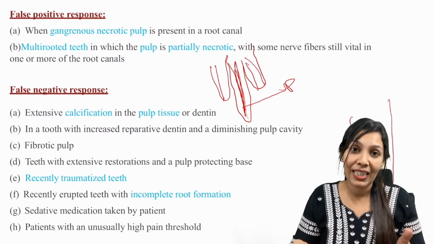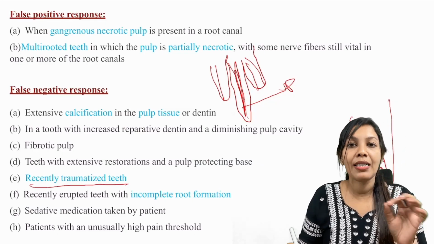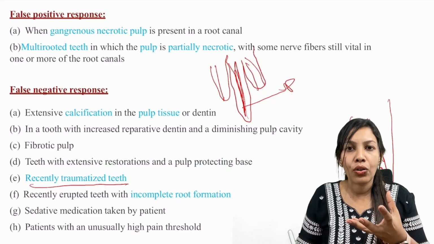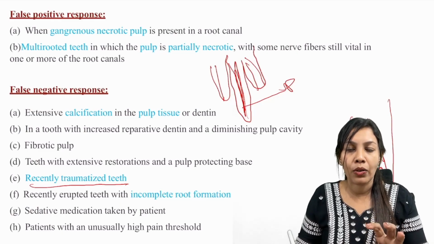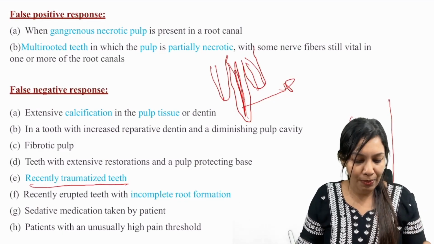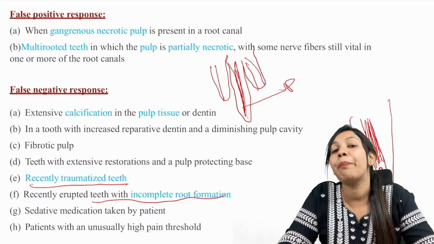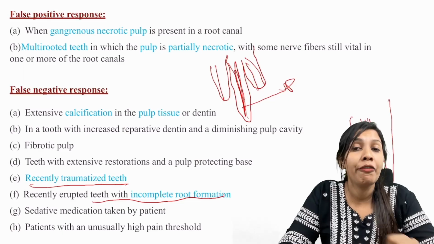That is a false negative. Another important thing you need to know is that recently traumatized teeth also show this: because of the shock they have gone through, all the nerves might be engaged and it doesn't show any response. The tooth might be alive but it shows a false negative response. Third, very important, recently erupted teeth with incompletely formed roots also show a false negative test.